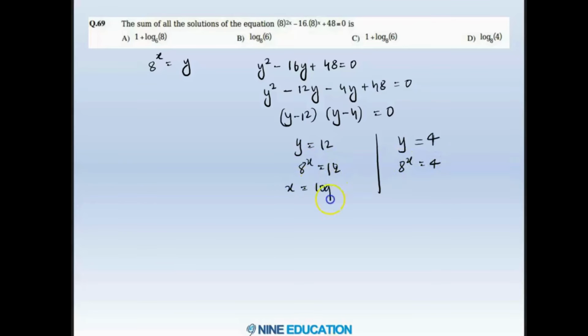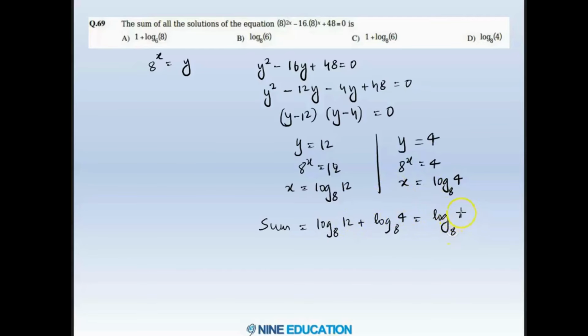It will be log base 8 with 12 as the input, and here we will be getting log 4 with base 8. So the sum of solutions will be basically log base 8 of 12 plus log base 8 of 4, and this will give us, by the log m plus log n formula, log m into n.